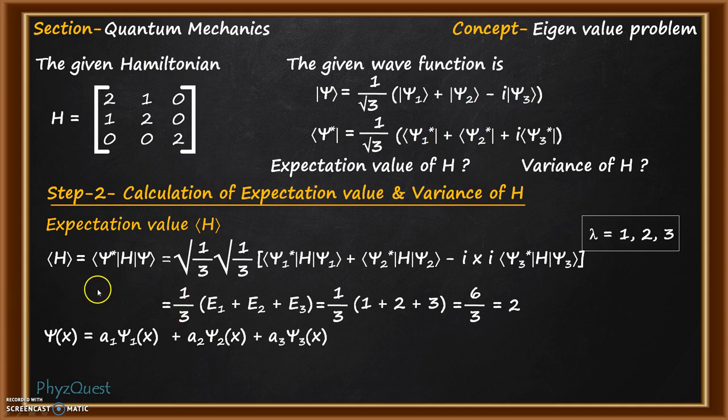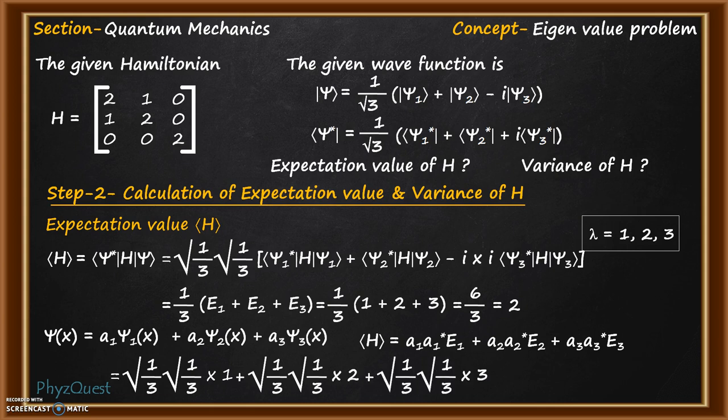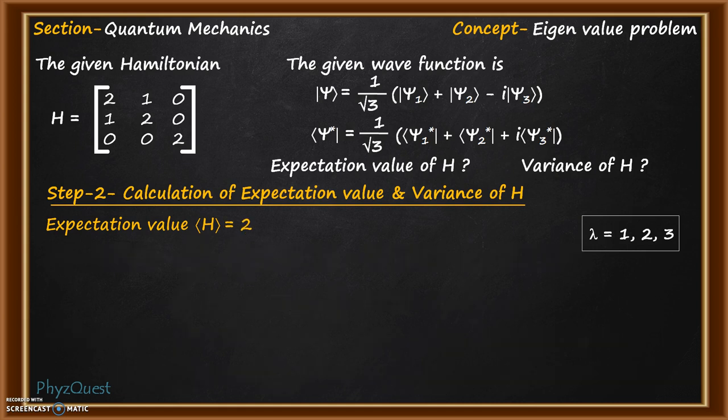If you want to find the expectation value of the Hamiltonian in the state psi, this will be equal to a1 a1 star E1 plus a2 a2 star E2 plus a3 a3 star E3. If you use this formula, this will be 1 by root 3 into 1 by root 3 into 1 plus 1 by 3 into 2 plus 1 by 3 into 3. Ultimately this leads to the same answer, which is 2. So we have got the expectation value 2.